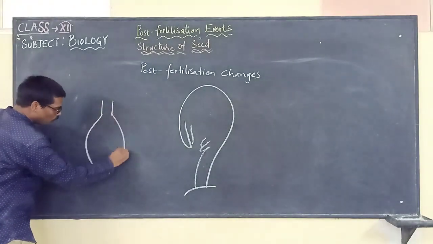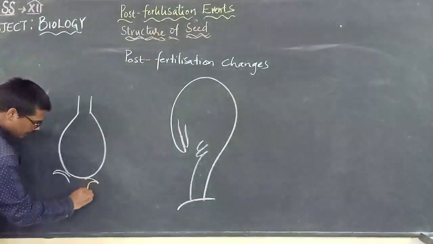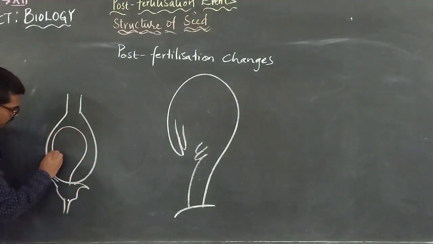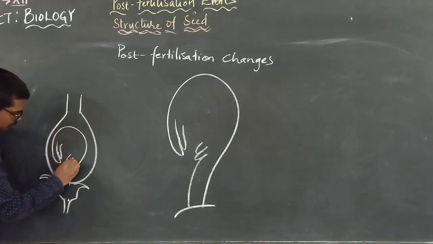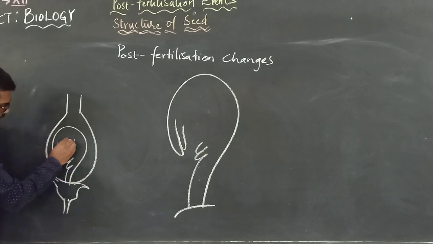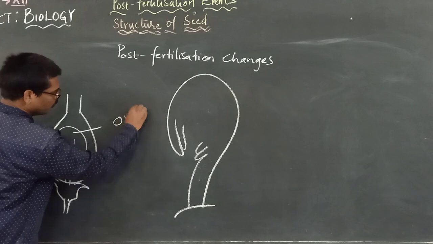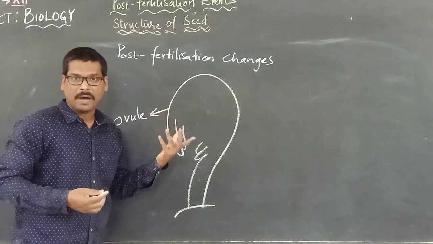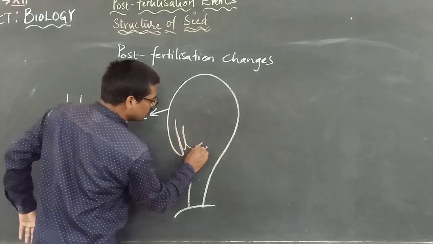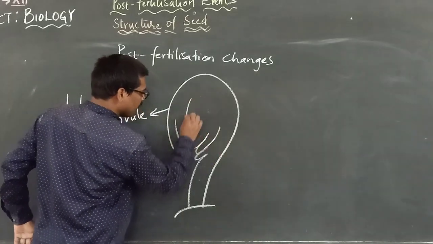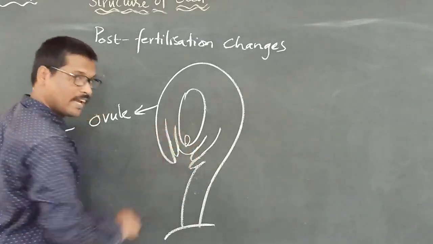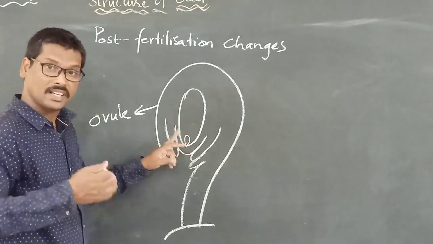If this is the ovary, then this structure present here like this is the ovule. So in an enlarged view we are seeing this as the ovule, and we know the parts of the ovule: we will be seeing the embryo sac at the center, having the egg, meaning the fertilized egg.